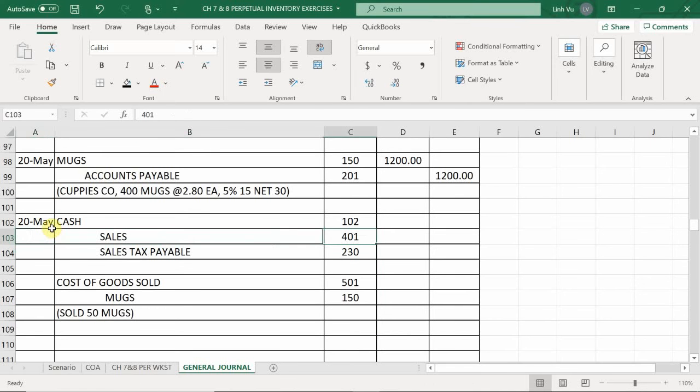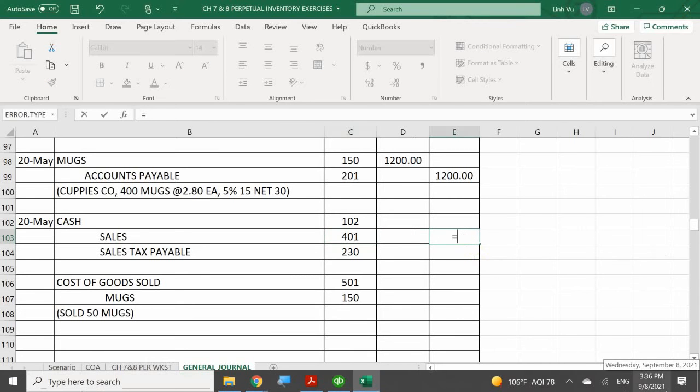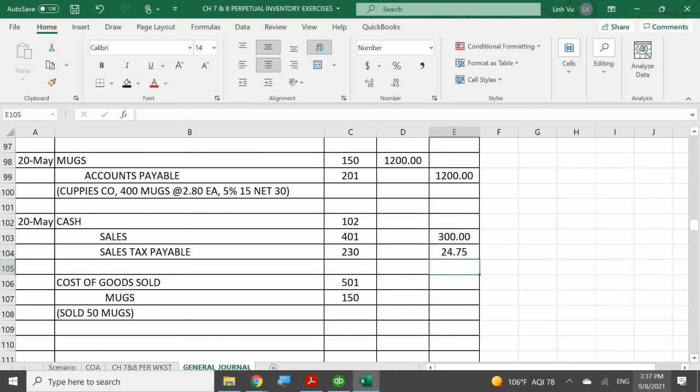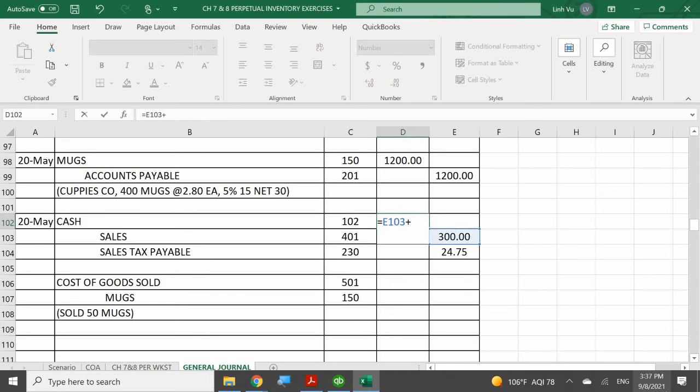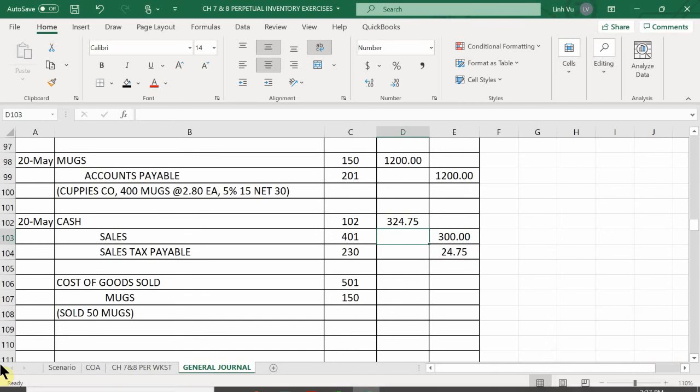So how much was my total sales if I sold 30 mugs at $10 each? 300. What was the tax I charged? 24.75, bringing the grand total to 324.75.